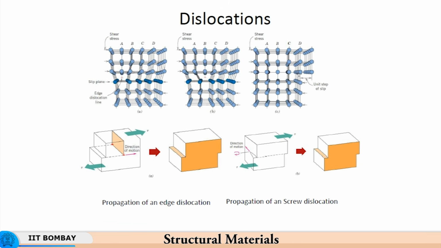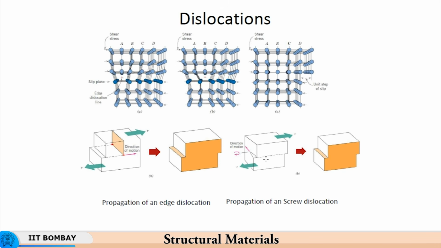So these dislocations propagate and create a dull surface. We have seen that as a result of creation of steps on the surface. The same is created using a screw dislocation which propagates in that direction, and then finally it creates a step something like that.